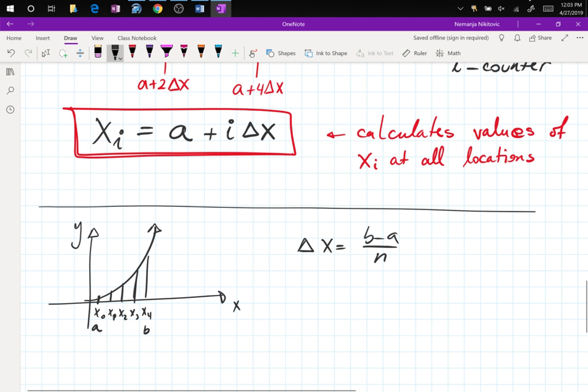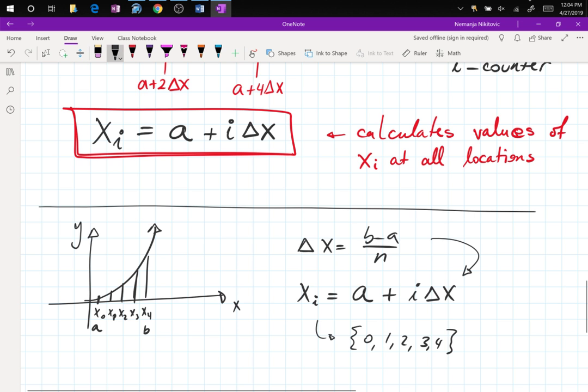And then you find all of the xi locations. I, in our case now, is the set 0, 1, 2, 3, and 4 because those are x0 through x4 values. So xi is calculated as a, which is the first number from the interval, plus I delta x. Now delta x is brought in from up there, whatever the value is. So you can now calculate each one of the locations.